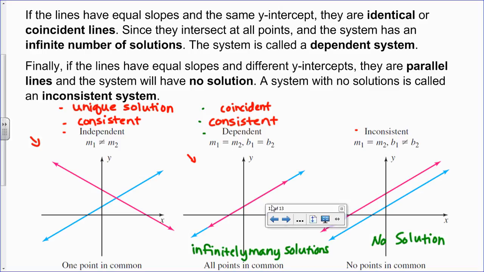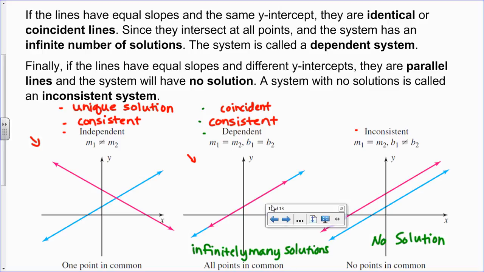So the first one you can only have one. One answer, yes. This is like our normal ones we've been solving. You get one solution, one x, one y. So most of the time, they are unique solutions. Okay, most of the time. These last two, the dependent and inconsistent, are the special cases.